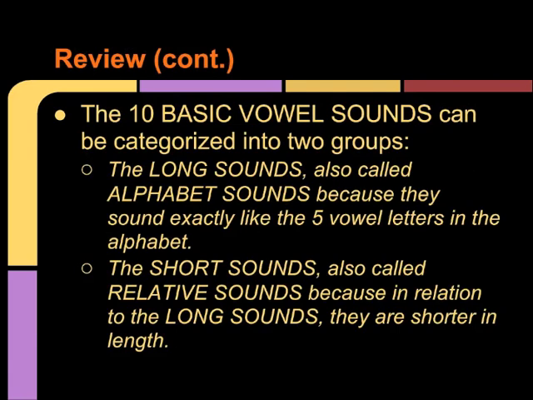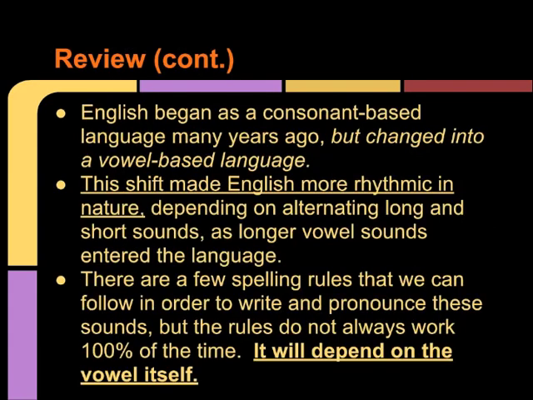The 10 basic vowel sounds can be categorized into 2 groups. The long sounds, also called alphabet sounds because they sound exactly like the 5 vowel letters in the alphabet. And the short sounds, also called relative sounds because in relation to the long sounds, they are shorter in length. English began as a consonant-based language many years ago, but changed into a vowel-based language.